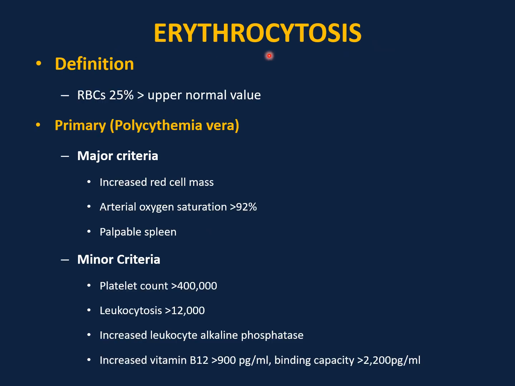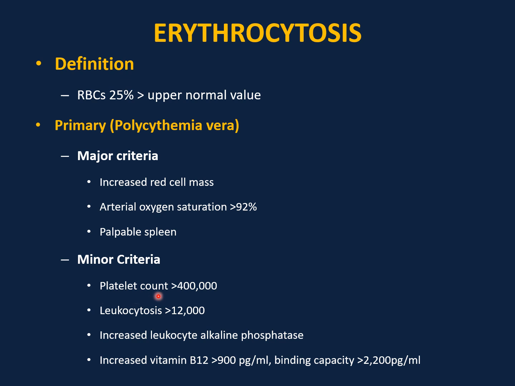Erythrocytosis: uncontrolled production of red blood cells and increased red blood cell mass. The definition is red cell mass 25% more than the upper normal value. There are two types, the primary and secondary. The primary is also well known as polycythemia vera. There are major criteria for diagnosis and minor criteria. Major criteria: increased red cell mass, arterial oxygen saturation more than 92%, and palpable spleen.